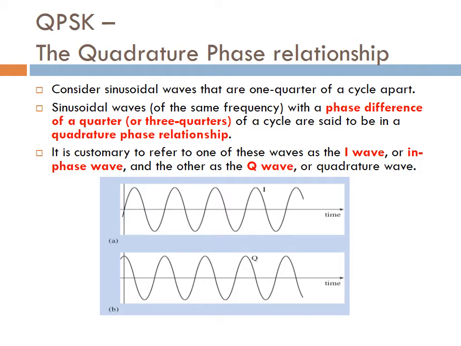Sinusoidal waves in a quadrature relationship have a special quality of independence from each other that makes them very useful in carrying data, as you will see in the coming slides.